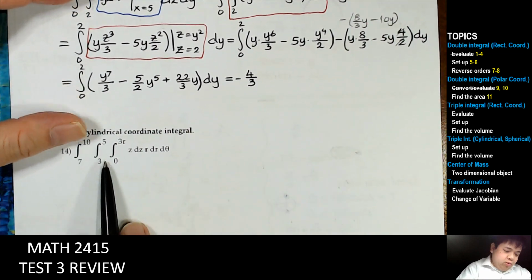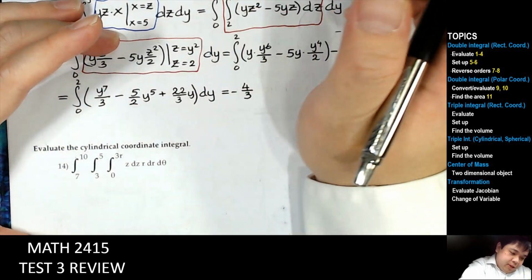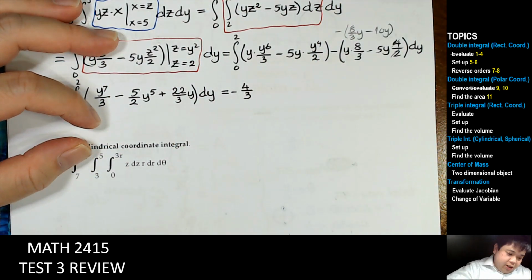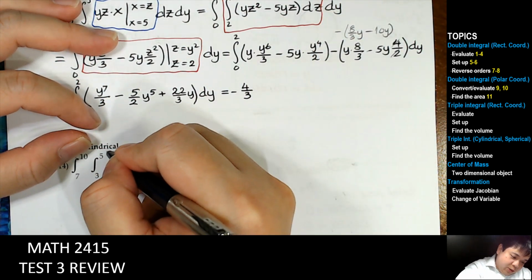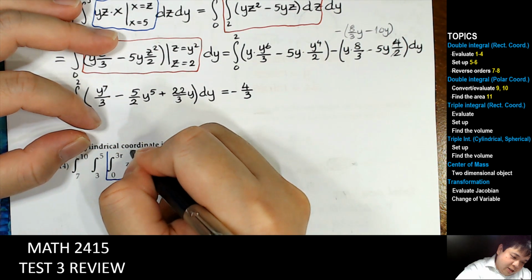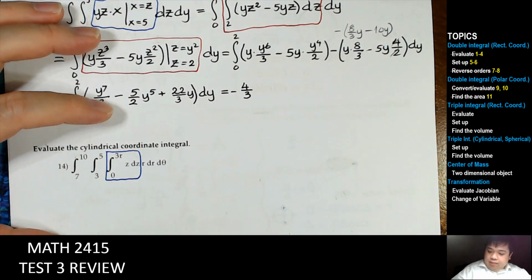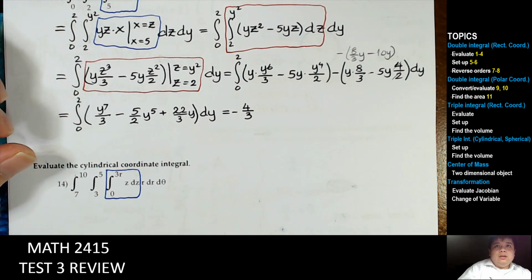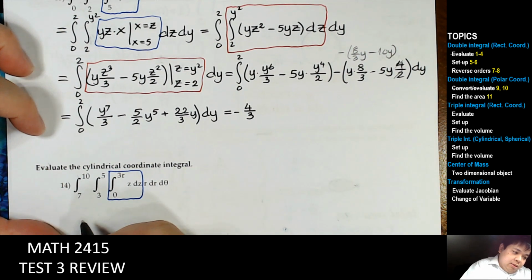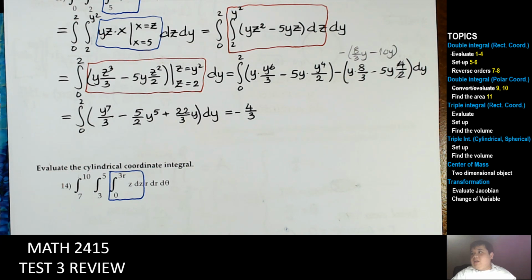Right. Next, we have this one. Again, inside and out. Inside, we just have dz, so we have that. We're going to do that first. So let me update the list. So evaluate. Kind of hard to just say this is 13 and setup that's 12, and what we're doing here is 14.